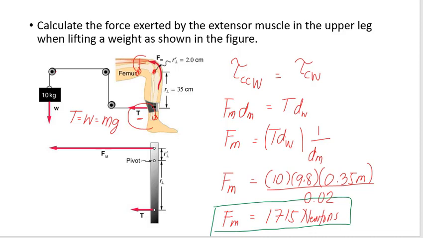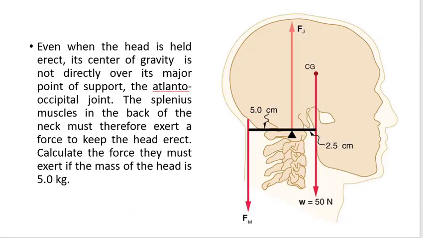Okay, next item. Next we have, even when the head is held erect, so you can see there, its center of gravity is not directly over its major point of support. So the major point of support is the pivot point, which is here, but the center of gravity is at a distance from that point.